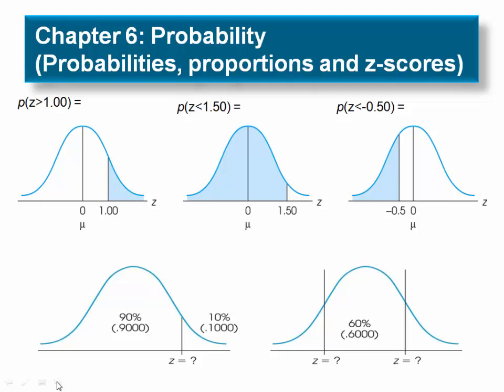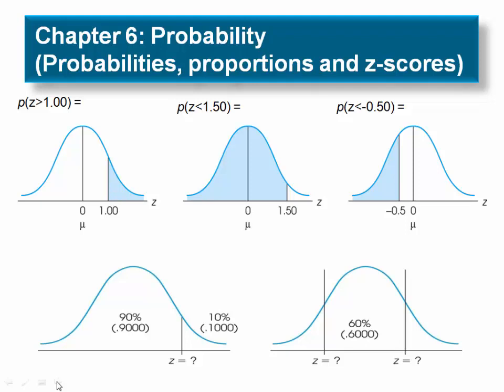It is on the right, the positive side of the scale, and the shaded percentage of scores is in the tail. To solve this, go to the z-score table and look down the tail column, column C, until you find a proportion as close to 0.1000 as possible. That is 10% converted to a decimal format.